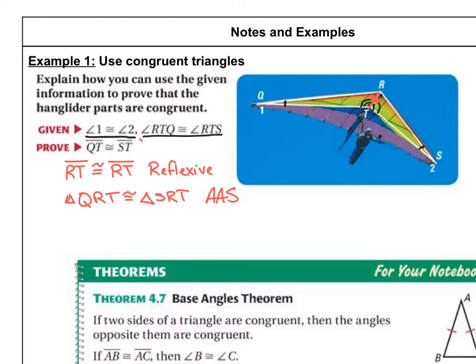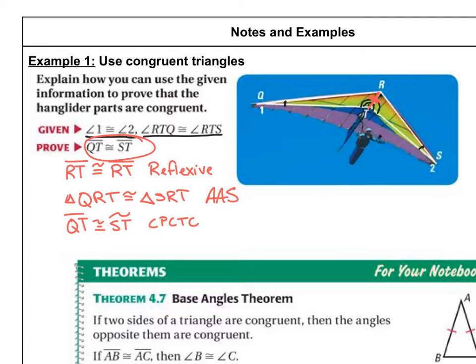Now they wanted us to prove that QT is congruent to ST. And how we do that is another theorem. It's not on here, but it's CPCTC. What that stands for is congruent parts of congruent triangles are congruent.